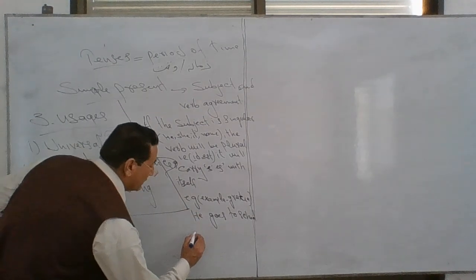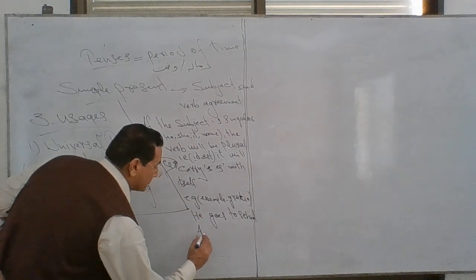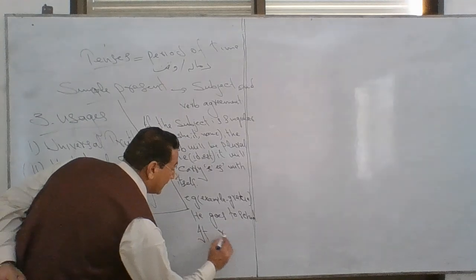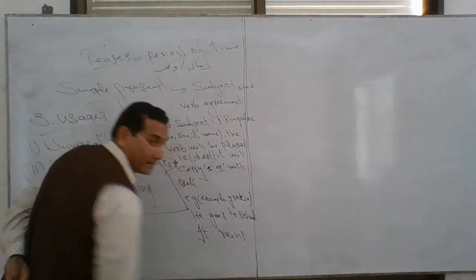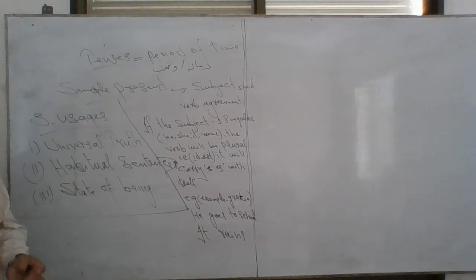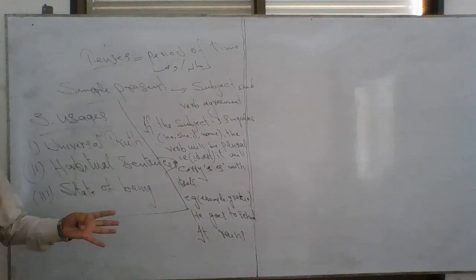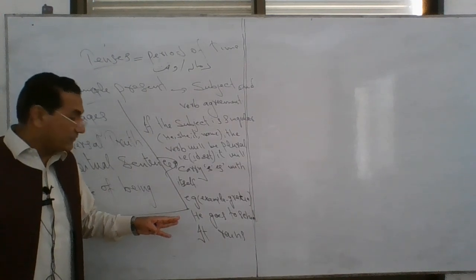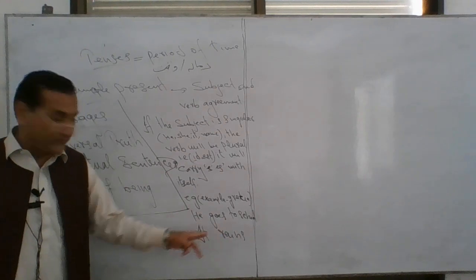He goes to school, she goes to school, or for example, it rains. Now, rain is a noun, but I have made it here a verb. A noun is used as a verb. So for that reason, it carries S with itself.